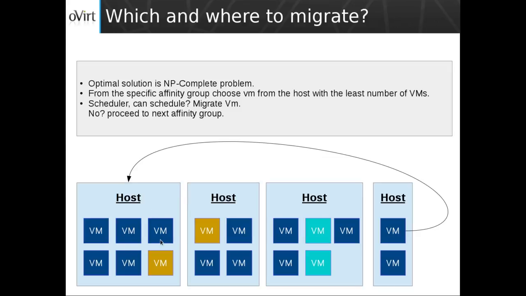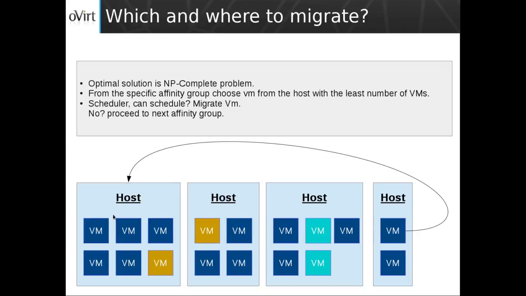And the host with the least number of VMs from this blue affinity group is the host on the right, which has only 2 VMs. So what our algorithm is basically doing is choosing a VM from this host, and it preferably wants to migrate it to this host.